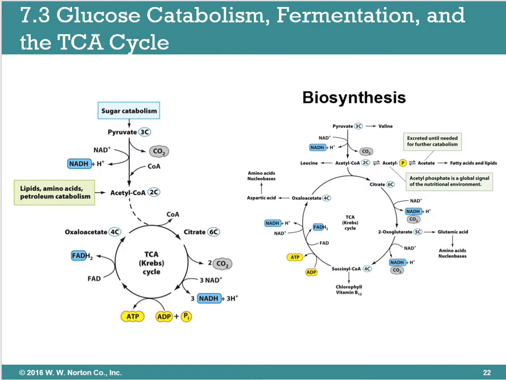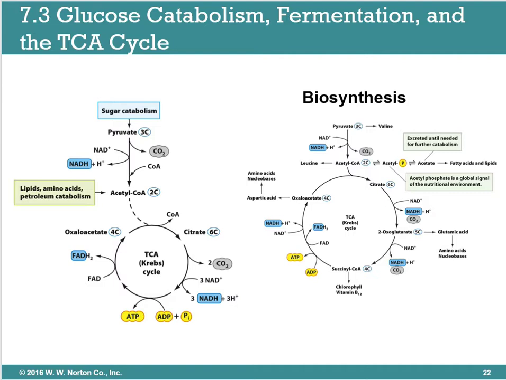This is the nasty cycle that I was talking about, but I really just want you to know that in order for the TCA cycle to occur, the previous steps have to happen. If they don't happen, then the TCA cycle will not occur.